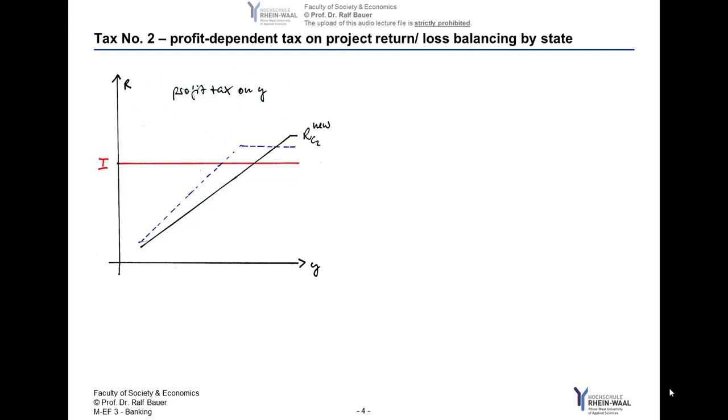But what will happen in case of loss balancing? So that is again shown by the purple line.